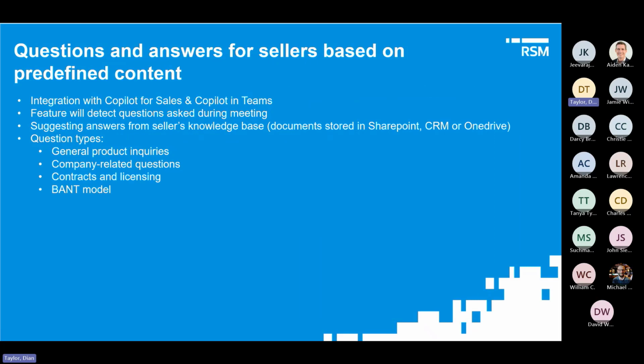This is, again, I think a really nice feature. It introduces an integration between Copilot for Sales and Copilot in Microsoft Teams. The way this works is that it will detect questions that are asked during a Teams meeting, and it will answer the questions by using data from the seller's knowledge base, whether it's in SharePoint, in your CRM, or in your OneDrive.